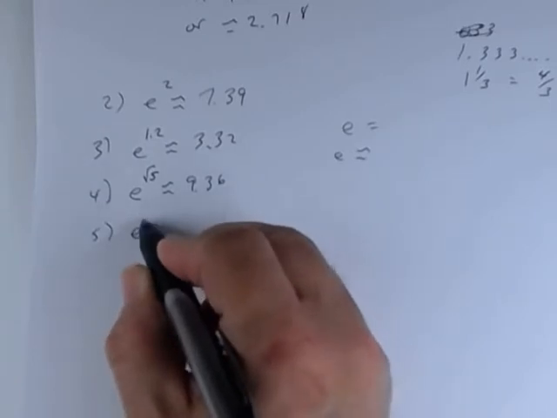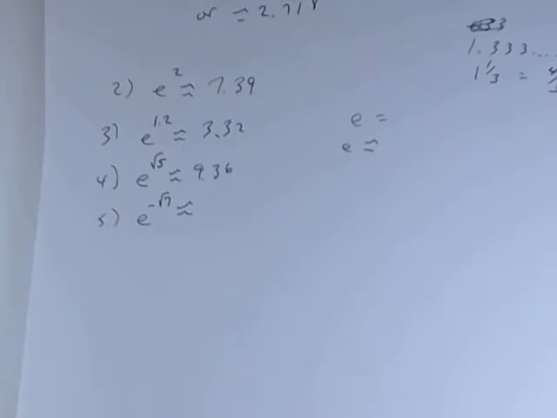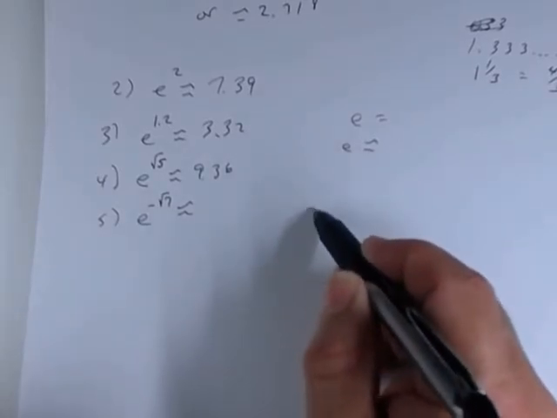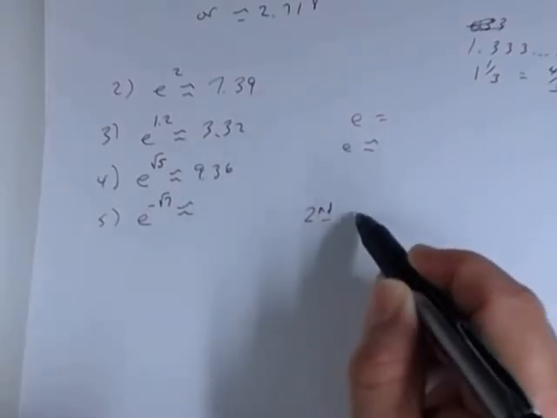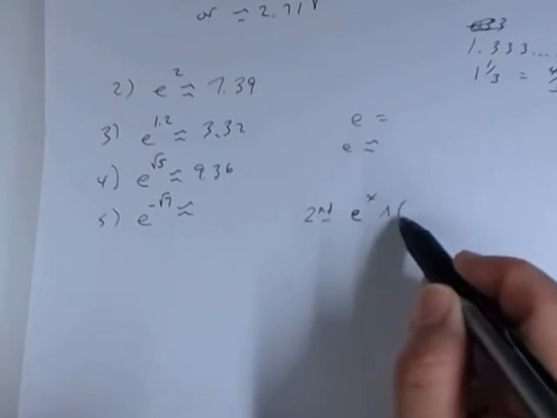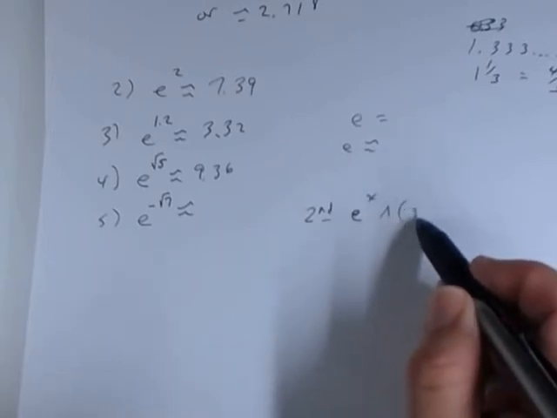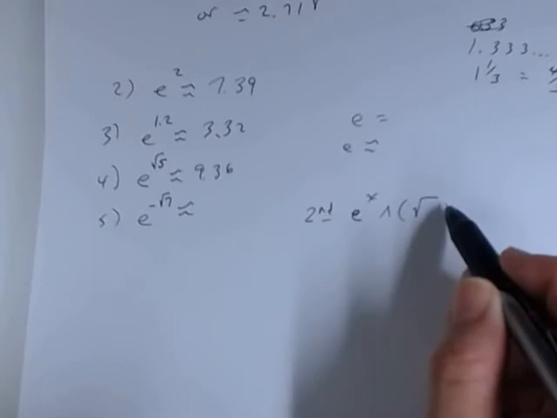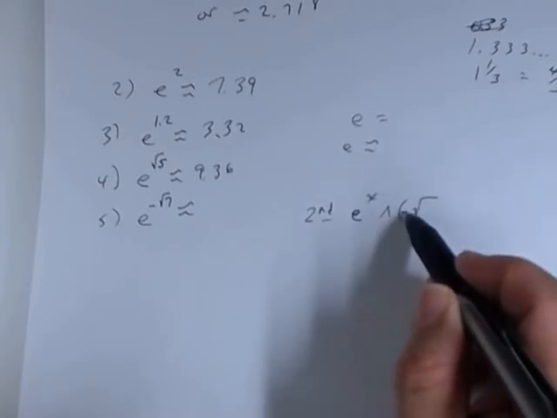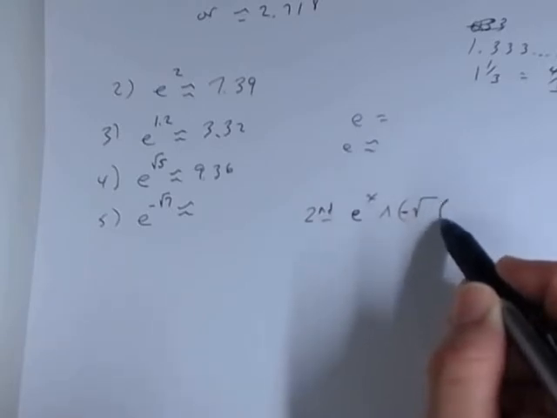What about e to the negative square root of 7? So let's do another square root, except this time it's negative. So what do I type in first? Second, and then e to that x, right? When you do that, it opens up some stuff here. What's the exponent? Square root, right? Do what next? The negative, and then square root, and then type in what? When you do the square root, it puts a parentheses there, right?